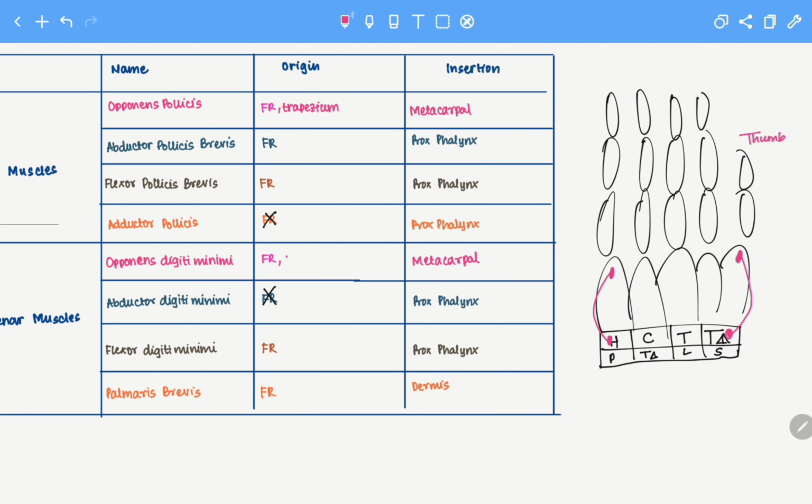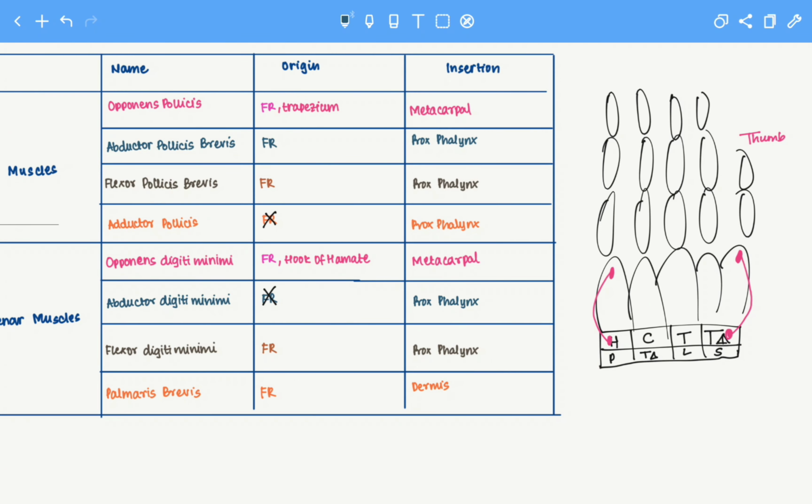So here we write hook of hamate. If you notice, their origin and insertion points are quite similar when we learn them as a table. So just memorizing this diagram that I draw on the right will be sufficient for you to remember where these muscles originate and insert. Now let's talk about the abductor muscles.